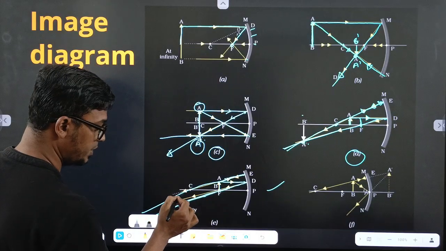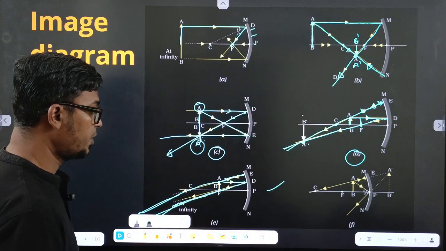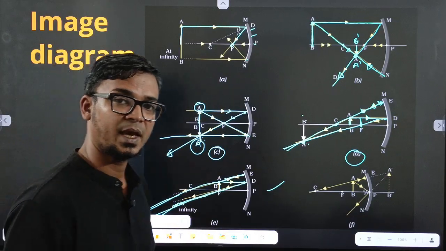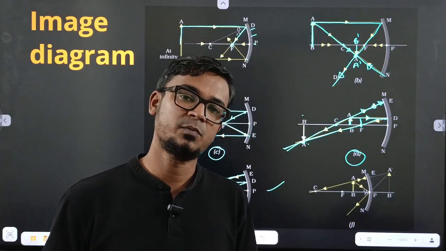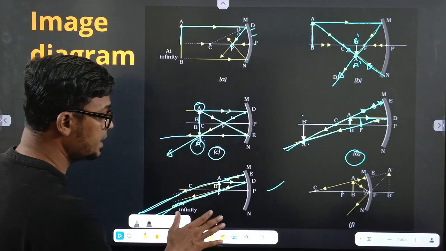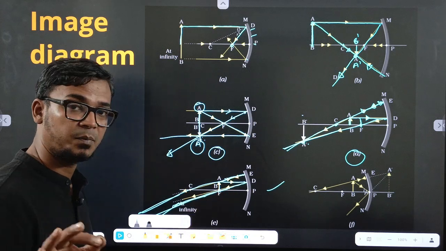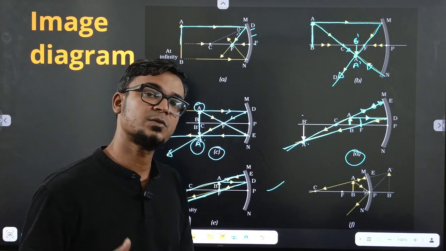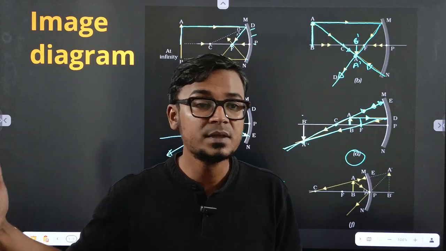We can see these two reflecting rays are going parallel, so we cannot find any intersection point. Therefore, if you place the object at the focal point, the image will form at infinite distance.